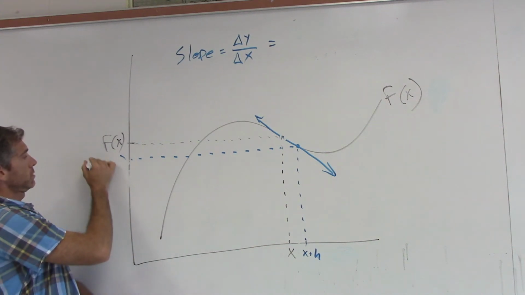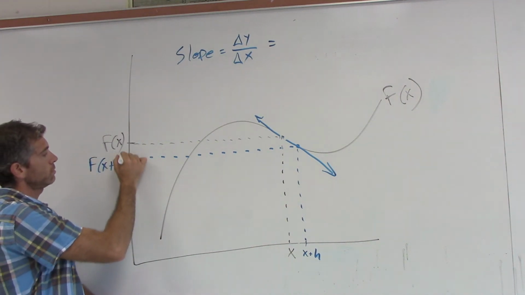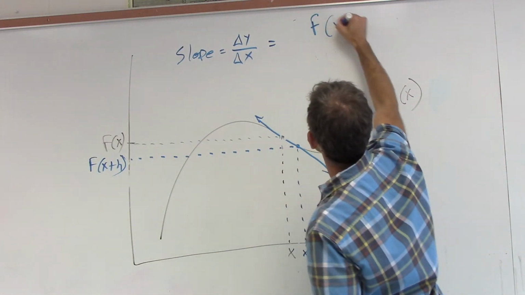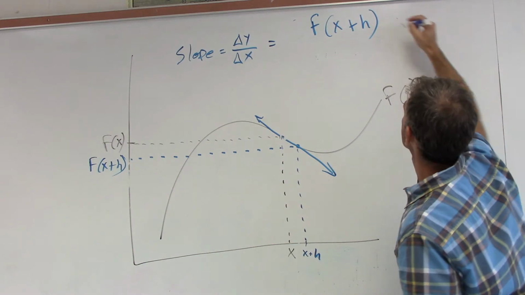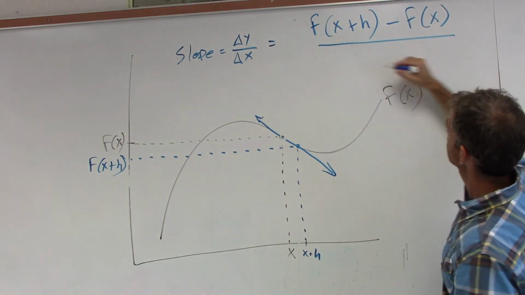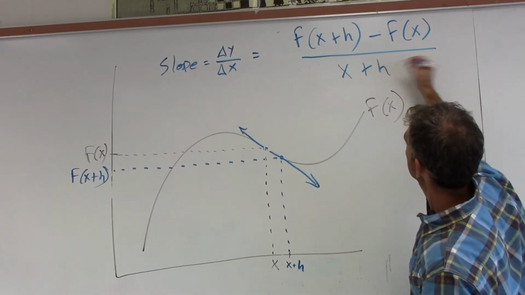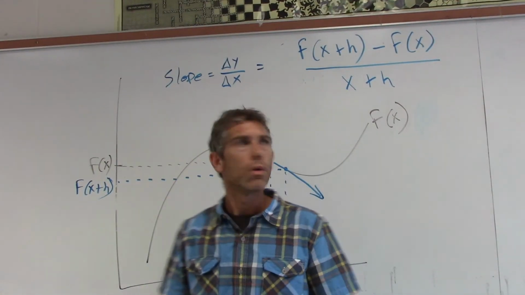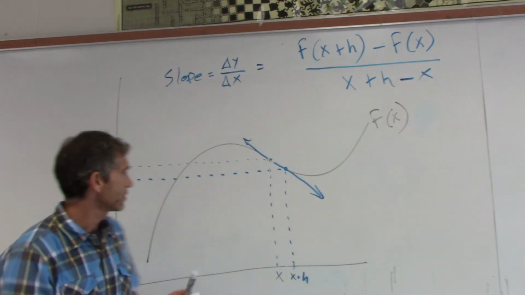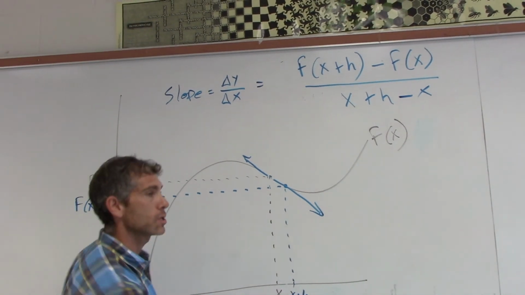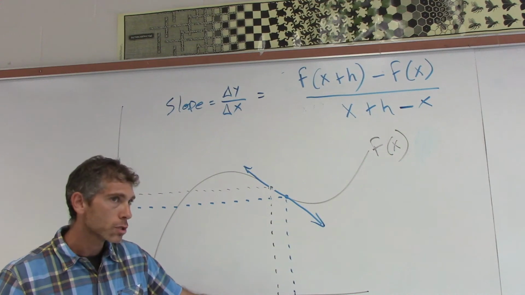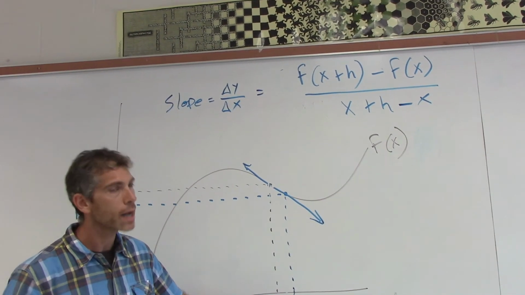Which then gives us f of x plus h. And we'll play the same game with slope. So that's your y, or your output when your input is x plus h, and your output when your input is x. And that might look a lot like x plus h minus another x, of course. So it's the change in y's divided by the change in x's. But we need to somehow communicate that h is as small as we can possibly make it.